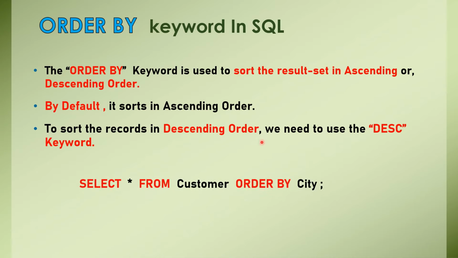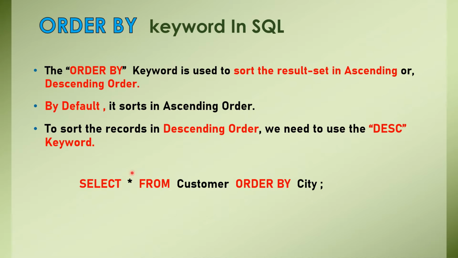See, at first, suppose you need to write SELECT * , meaning all the fields, from the customer table ORDER BY city. Okay, so SELECT all from the customer table ORDER BY city. See, this ORDER BY city means we need to sort this customer table with respect to the city column. Okay, and we haven't given any more keywords, right?